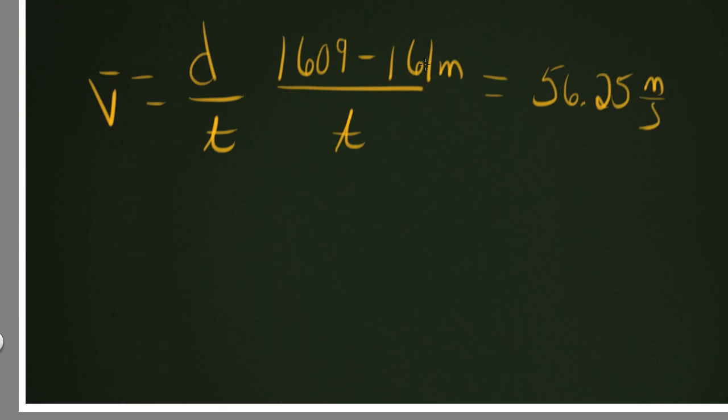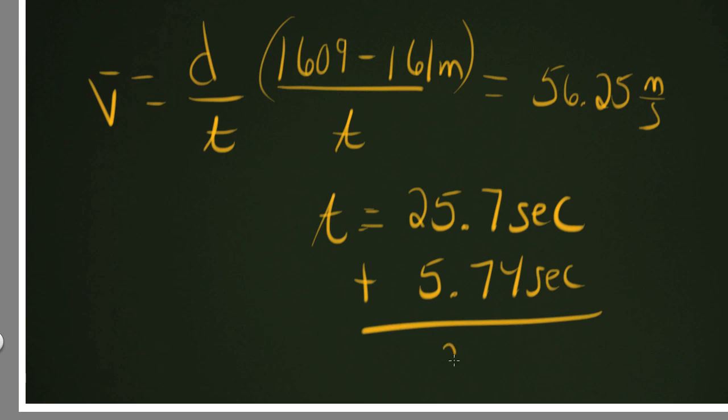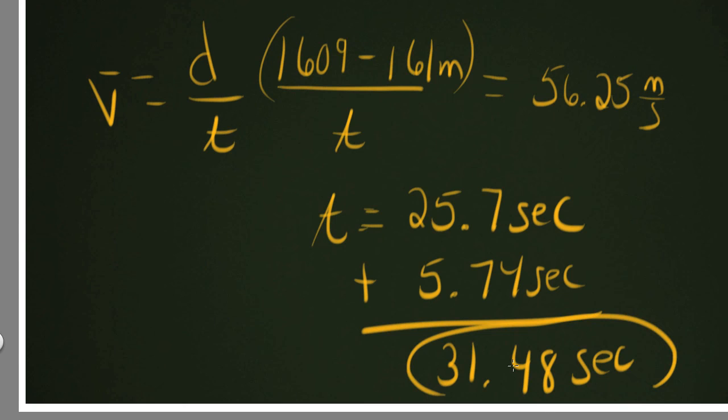If I cross multiply and solve for t, I get 25.7 seconds. Then I have to go back and add in the original time it took to reach terminal velocity, so my final time is 31.48 seconds.